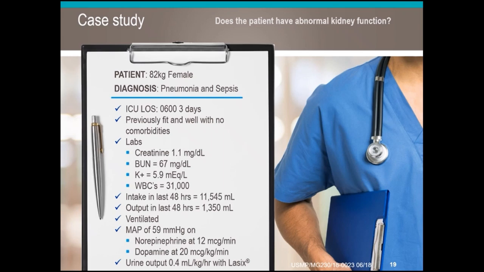Well, the creatinine is within normal limits, but there are other indicators of trouble, such as that elevated white count and a MAP of 59, even on pressors. If you look at the RIFLE criteria again, and the criteria for hemodynamic stability and urine output, then you can see that this patient is fluid overloaded, almost 12.4% fluid overloaded, which significantly increases their risk of mortality. So yes, this patient does have abnormal kidney function.